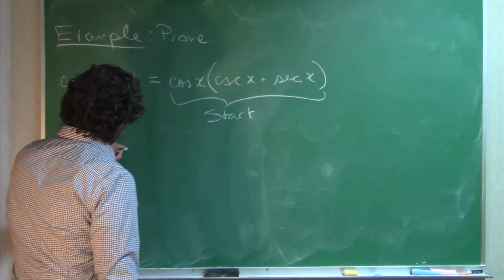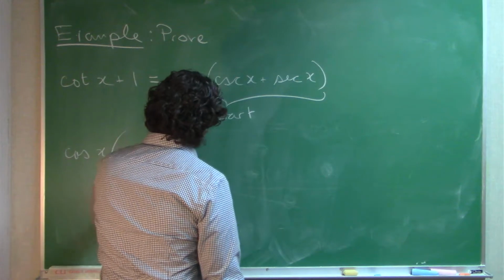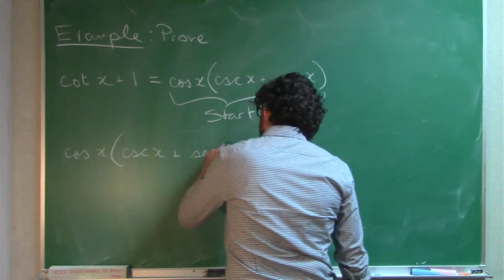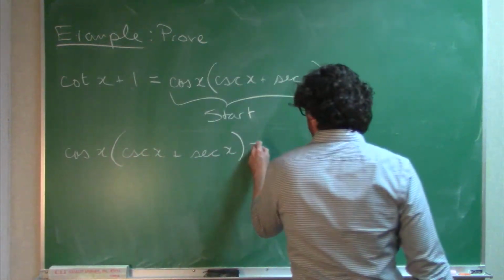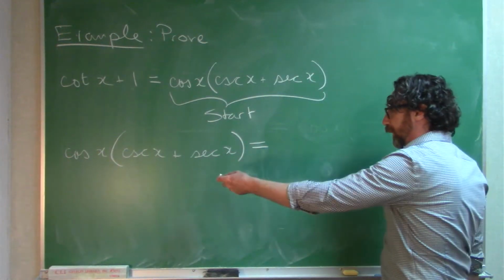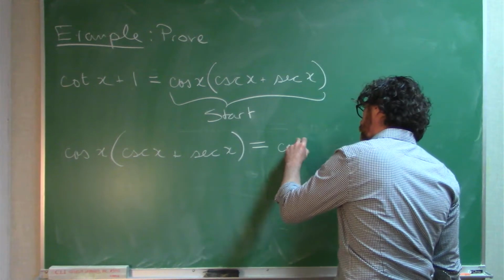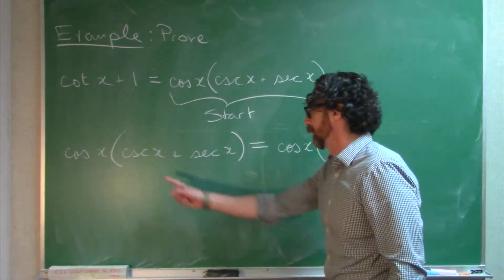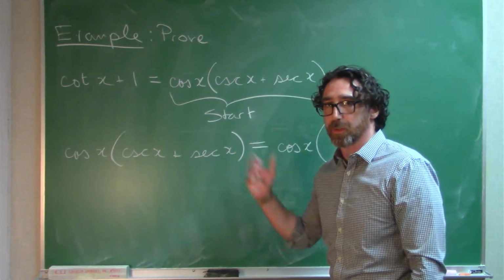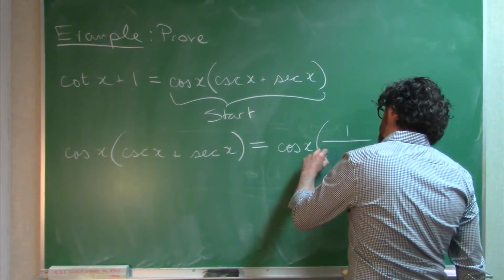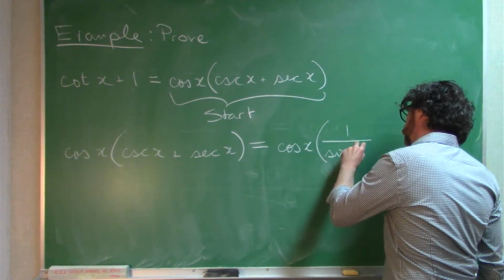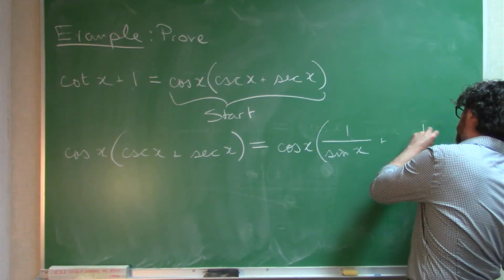Cosine x times cosecant x plus secant x, there in the parentheses. All right. Well, what is that equal to? What can I do with these? Well, I'm going to replace each of these terms with expressions that involve exclusively sine and cosine.